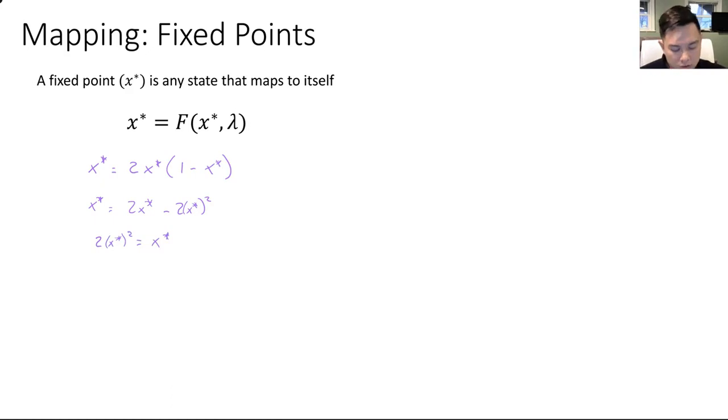Well, this equation has two solutions. The solutions are x star being 0 or a half.